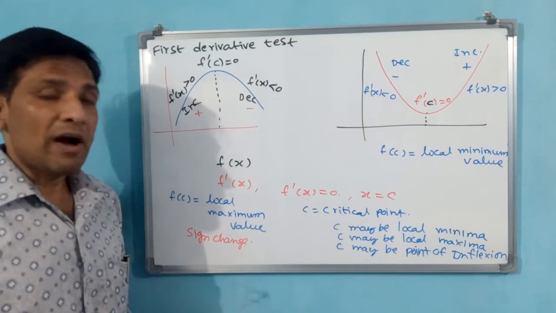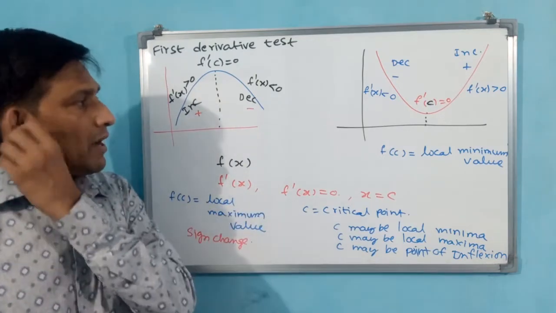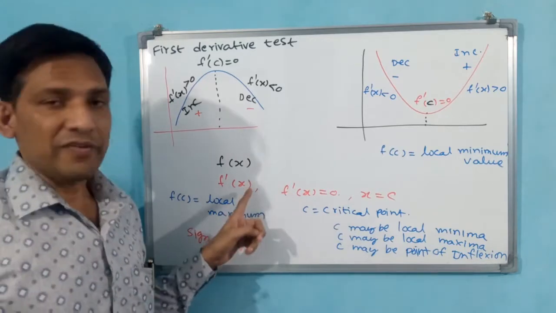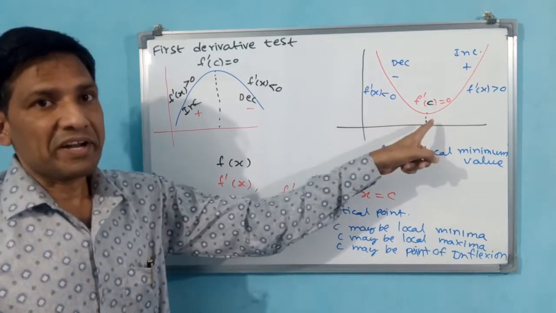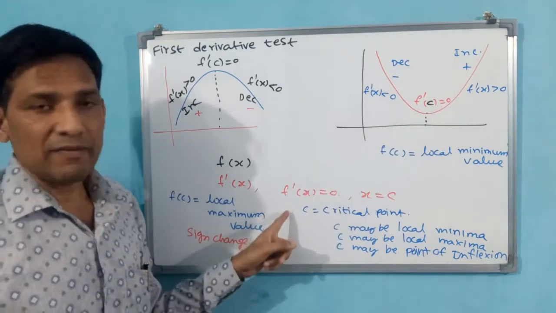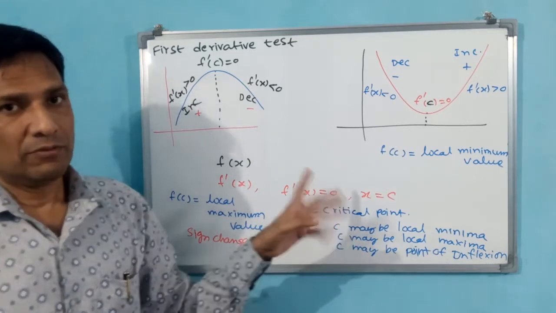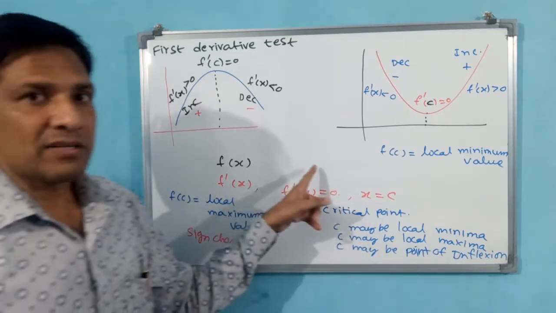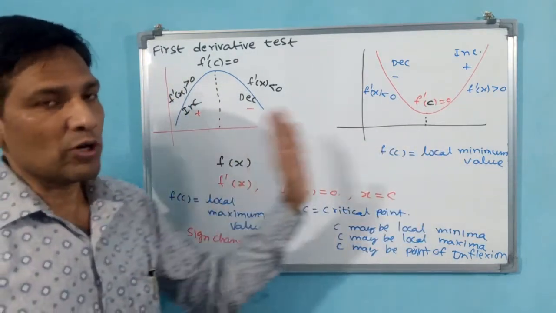Earlier we had a turning point, now we have a critical point. The critical point comes after equating the first derivative to 0. The function at the critical point is called either a local maximum value or a local minimum value.